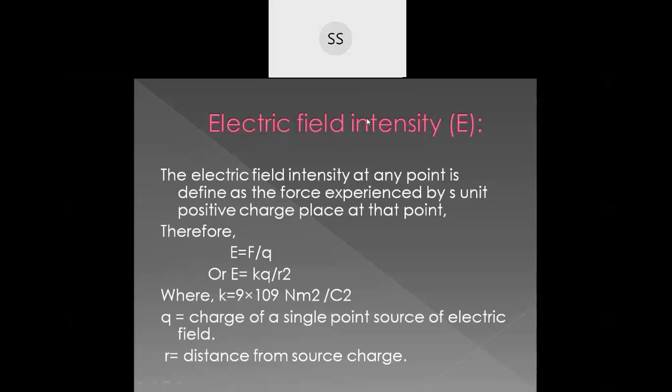One is the source charge, which we will take as capital Q, and the other is the unit positive charge, which will be taken as small q. Therefore, the value of F will be K capital Q small q divided by R square, and when we put that value here, the small q will be cancelled out, right?